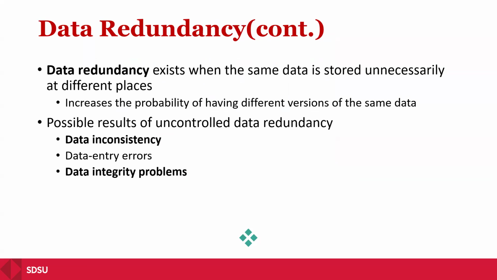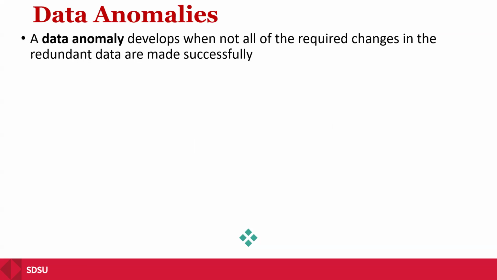So here's a definition. Data redundancy exists when the same data is stored in multiple places, and the important thing is that the results of uncontrolled data redundancies are data anomalies. So data inconsistencies, data errors, data integrity problems, all of those are called data anomalies.